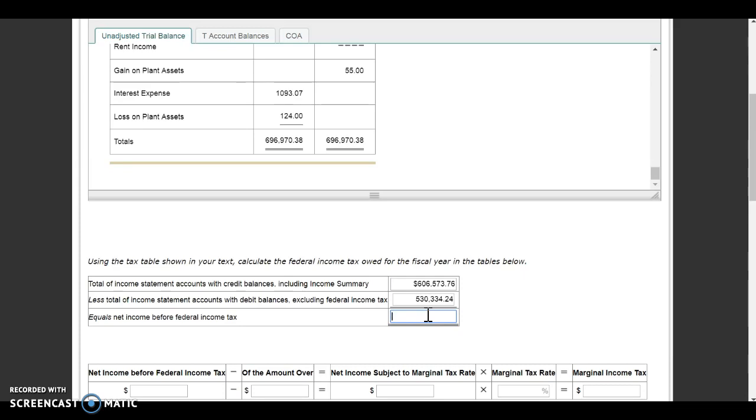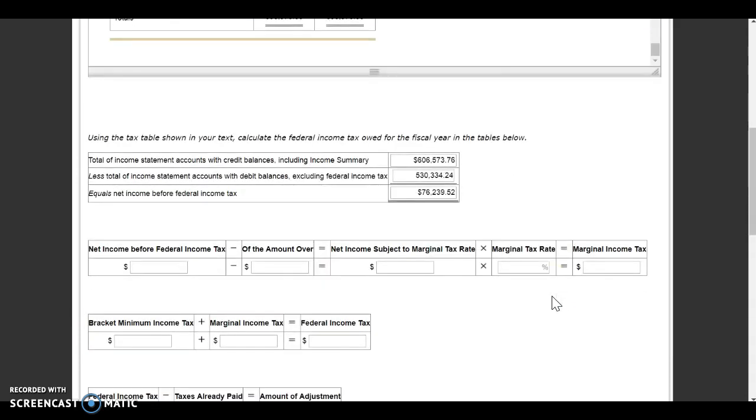So I should get $76,239.52. This is my net income before my federal income tax.